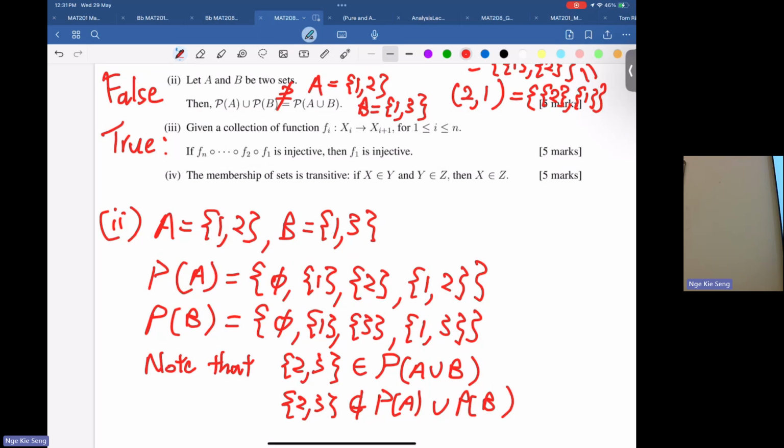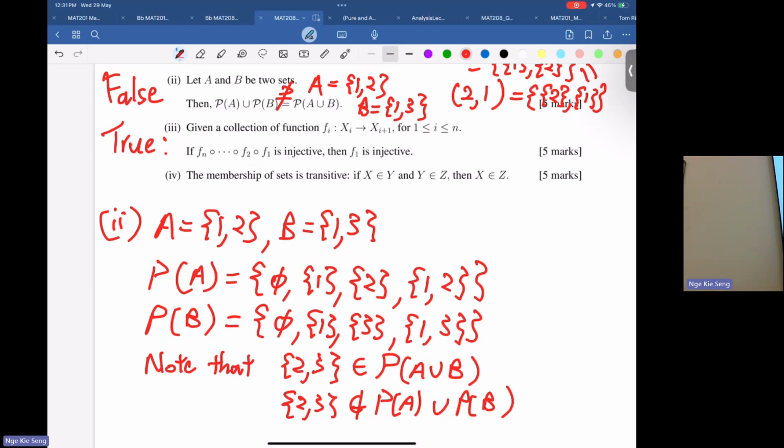So I want you to observe that if f composed with g is injective implies g is injective, then you can apply it to a string of compositions of functions. Some of you regard this as f_n composed up to f_2 and then with f_1.